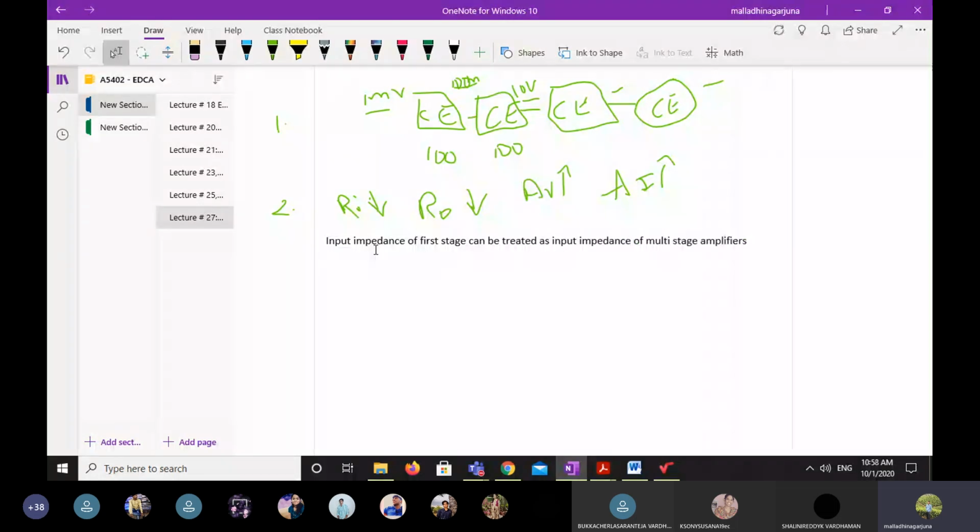And next, the output impedance of the last stage can be treated as the output impedance of the multi-stage amplifier.